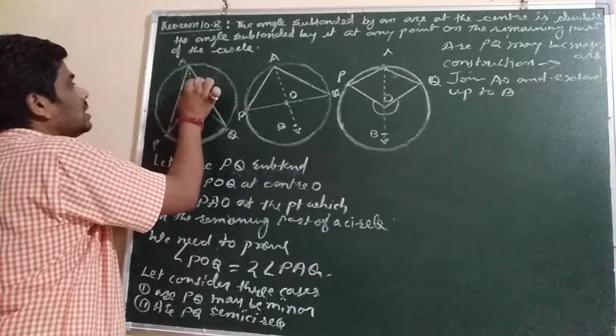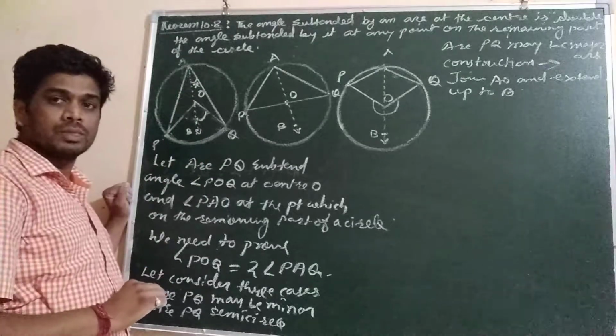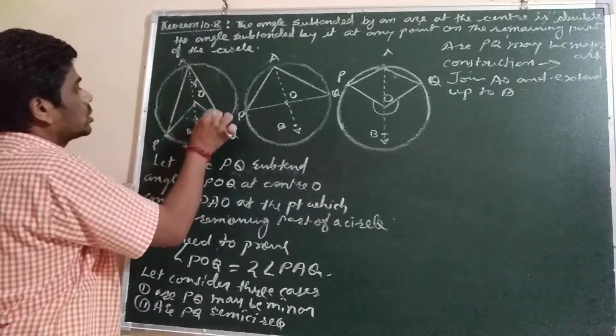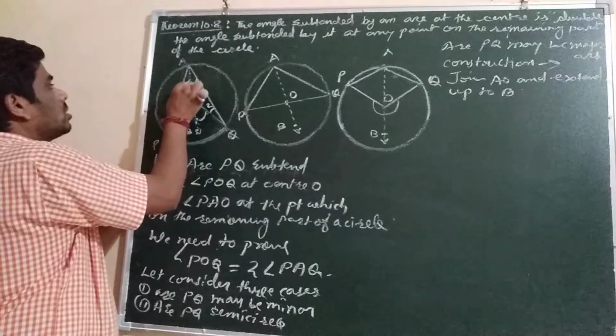Suppose this angle is 1, this is 2, this is 3, this is 4.